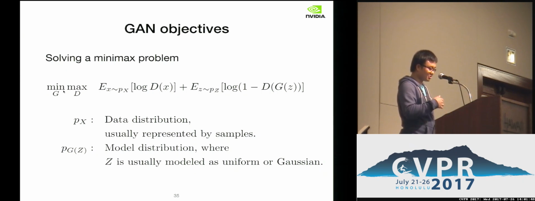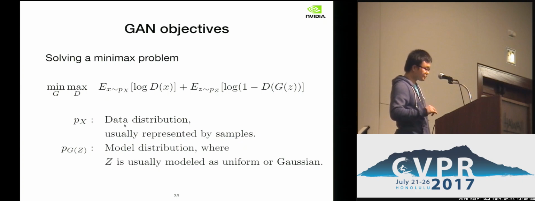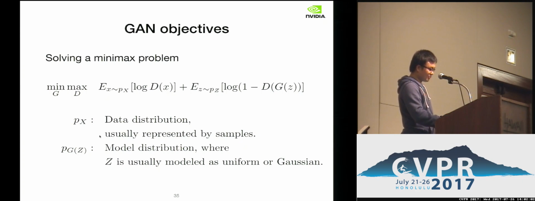This is the objective for the discriminator. Of course, for the generator, you want it to produce images with high likelihood. We will be using this notation throughout the presentation. We use p_g to represent the model distribution, and z is usually modeled as a uniform or Gaussian random variable.